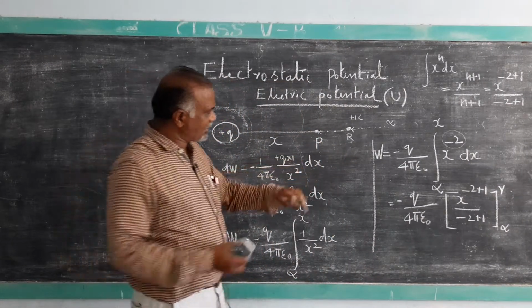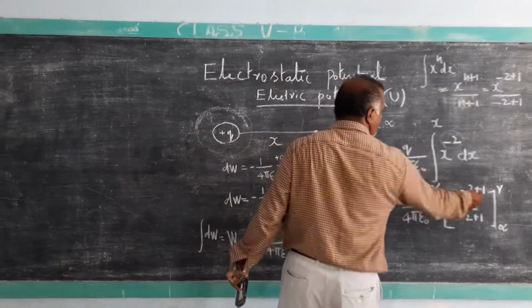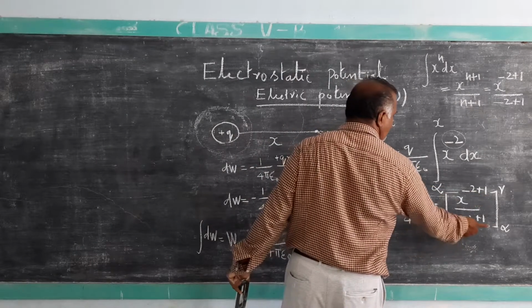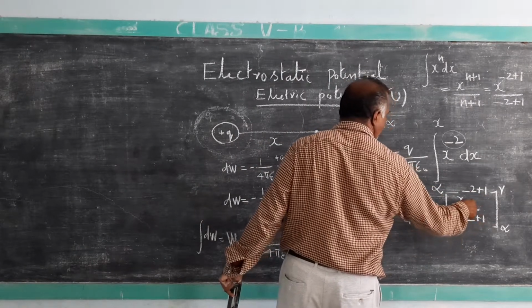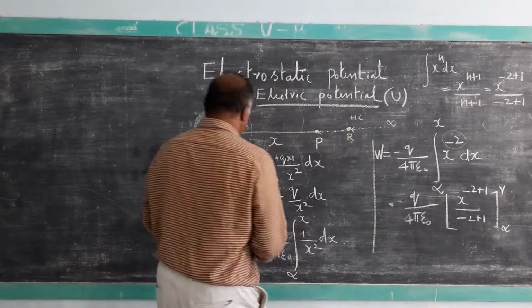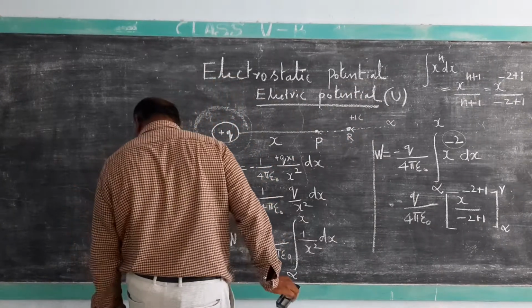So that is minus 2 plus 1, how much? Nothing but minus 1, here also minus 1. So x to the power minus 1 divided by minus 1.